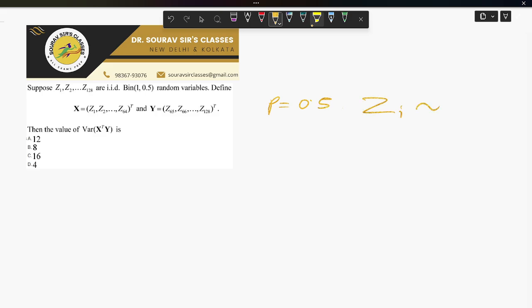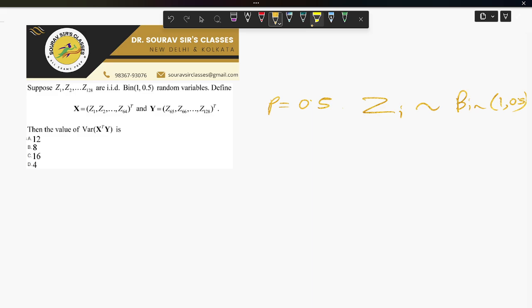Now X is defined as the column with entries Z1, Z2, up to Z64, and Y is Z65, Z66, up to Z128 as a column. So we are tasked with finding the variance of X transpose Y.